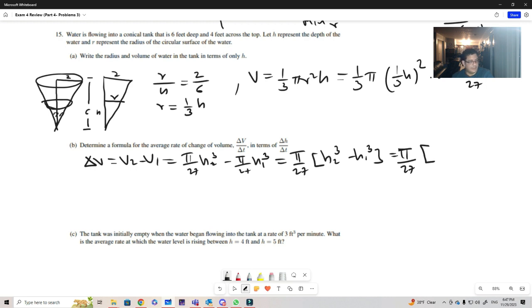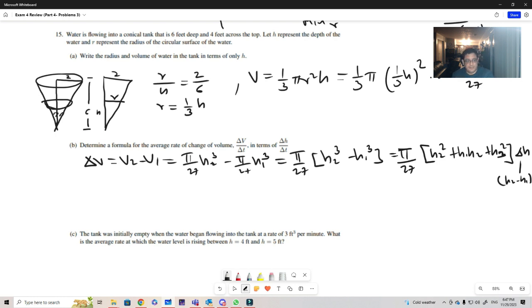And so if we establish the difference of cubes, we factor the difference, and we're going to get h2 squared plus h1 times h2 plus h1 squared. And by the difference, delta h, which remember is just h2 minus h1.